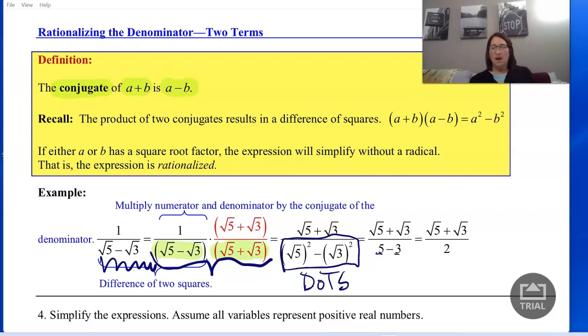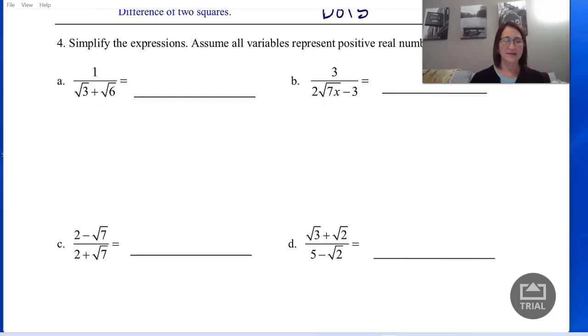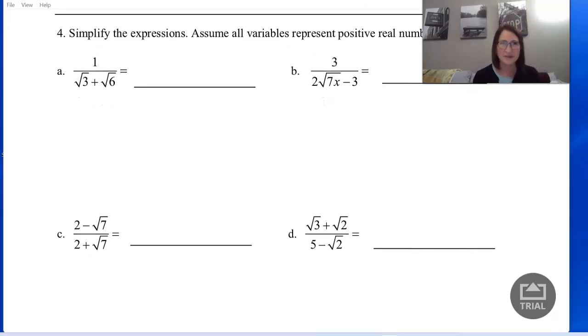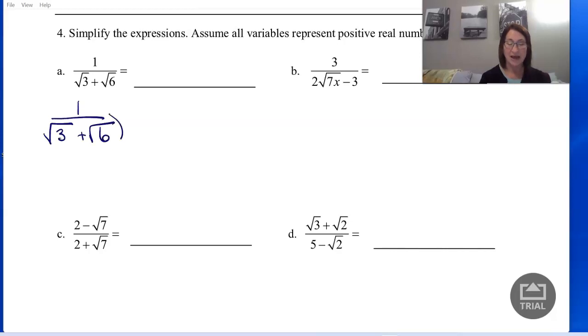Okay? All right, let's go ahead and apply this to some other examples here. So for 4a, okay, so I have two terms in my denominator. Both of those terms are radicals, and I need to rationalize that denominator. So let's start with 1 over square root of 3 plus the square root of 6. I'm going to put parentheses around that denominator. We're talking about a single quantity.